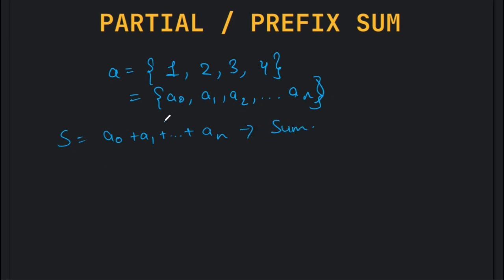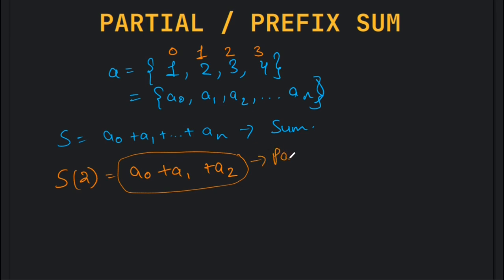Now partial sum is sum from the starting of the array. So let's take this. For partial sum of, let's say 2, the indexing is 0, 1, 2 and 3. So it will be A0 plus A1 plus A2. Okay, this will be the partial sum, or we can call it prefix sum.